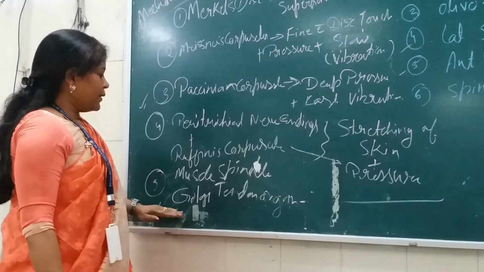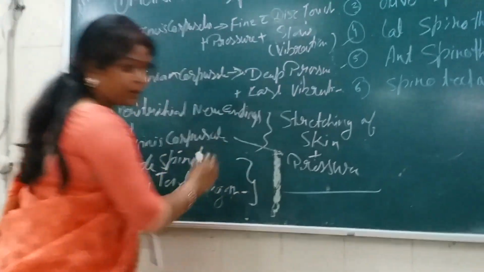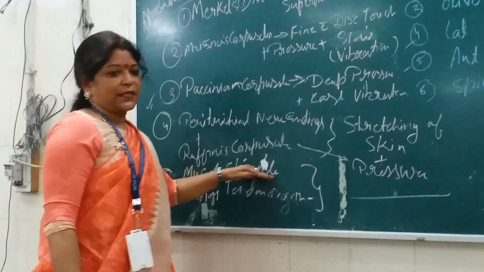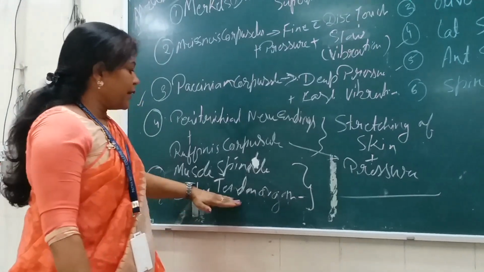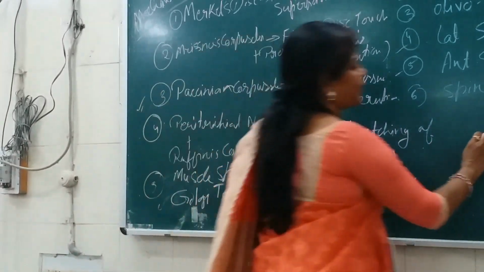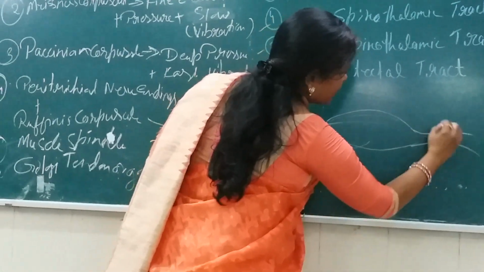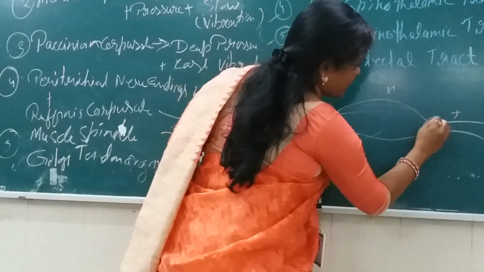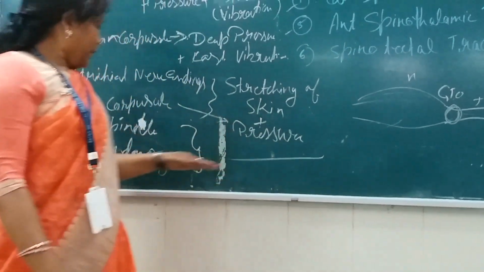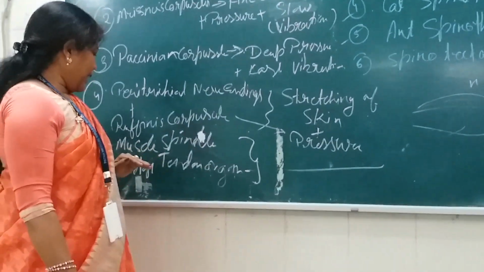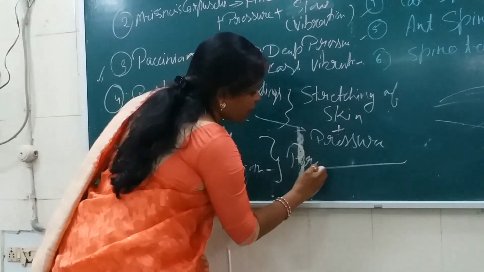This Golgi tendon organ and the muscle spindle, both of these receptors: the muscle spindle is present in the contractile part, that is the muscle fibers, and the Golgi tendon organ is present at the junction of the muscle with the tendon. This is the muscle fiber and here it is the tendon. So here it is present, this Golgi tendon organ. Okay, so the muscle spindle and the Golgi tendon organ are responsible for which type of sensation?